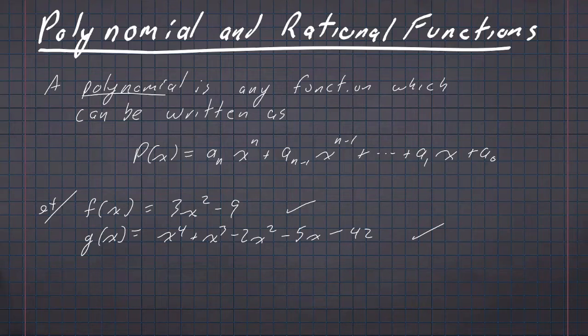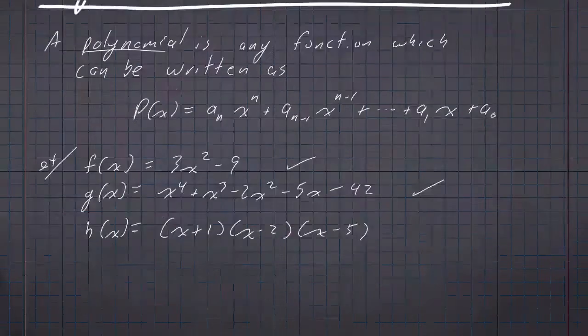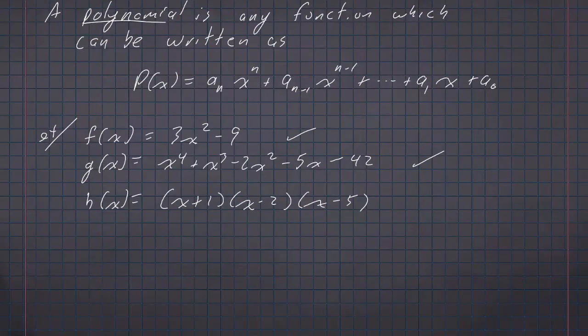Even if it doesn't look like a polynomial at first glance, it might still be a polynomial. For example, h of x is (x plus 1)(x minus 2)(x minus 5). That doesn't look like a polynomial, but the definition doesn't say a polynomial is written in this form. The definition says the function can be written in this form.